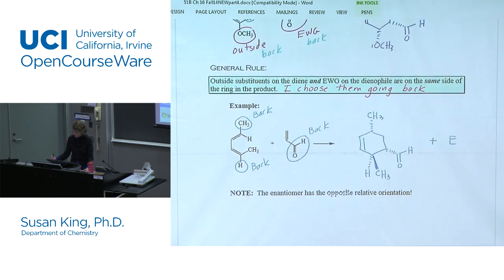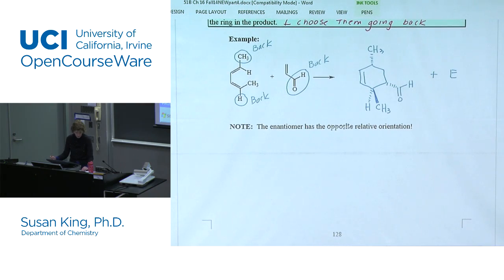I just want to show you that the enantiomer has the opposite relative orientation. And so I'm going to redraw the product that I just drew. So I want you to see what the enantiomer looks like. There's two ways we can draw the enantiomer. Let's go ahead and leave the hydrogen off because that's understood. But certainly on Sapling, you don't want to leave the hydrogen off. So that's the product that we drew there. The enantiomer is the mirror image, so let's draw a mirror image right here. I'm going to draw this exact reflection in the mirror.